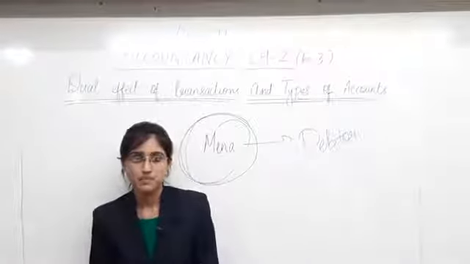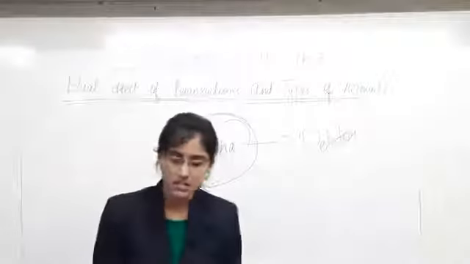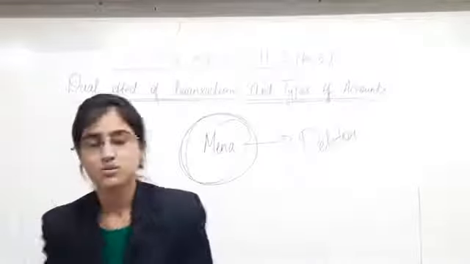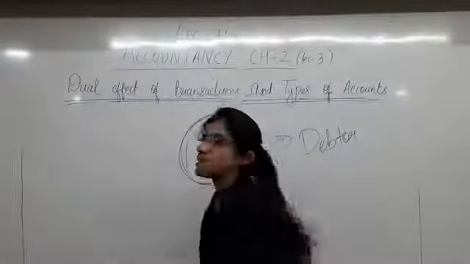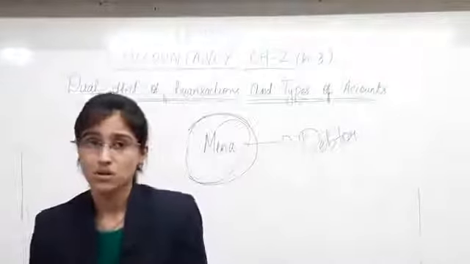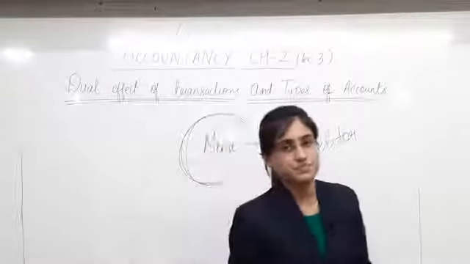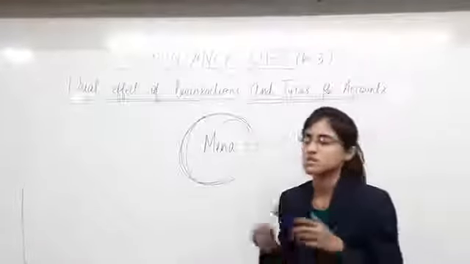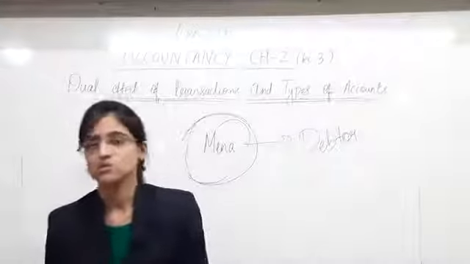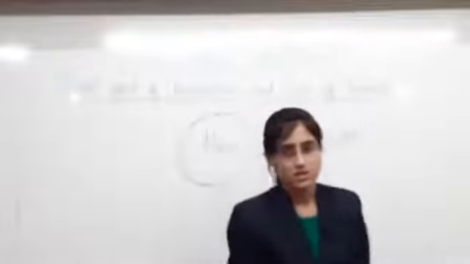Okay, so the dual effect of transactions is what we are going to understand, which is also the heading of your chapter and an important topic of all. Transaction. First of all, what is a transaction? Exchange of goods and services in terms of money.